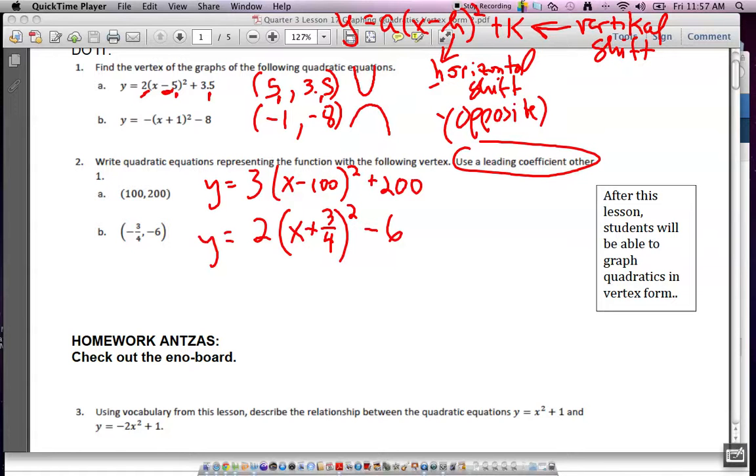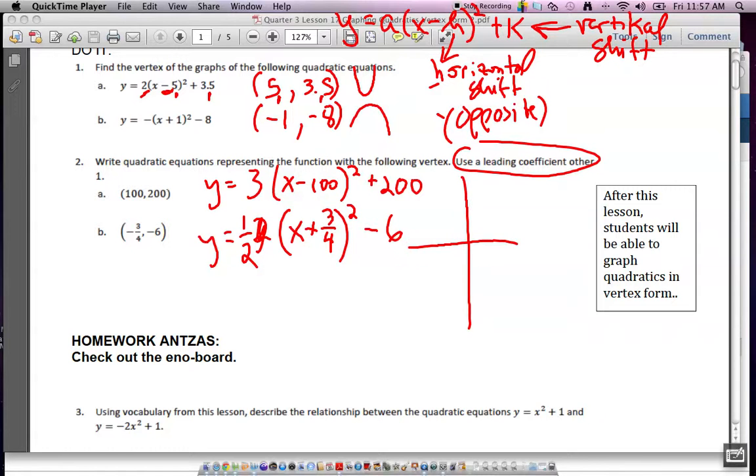Yes? You can just put any number you want. Yeah, when it says use a leading coefficient other than 1, you can use any number you want. Okay? In reality, there are times where you might need to figure out a number more specific than 1. But for now, they just said use any coefficient other than 1. You could have put a half there. Okay? Let's just use a half here for 1 minute, just to show you the difference.